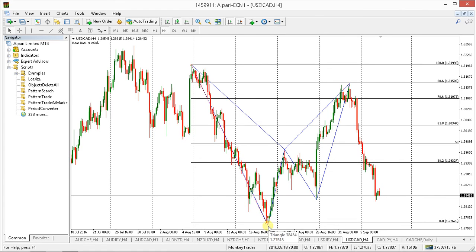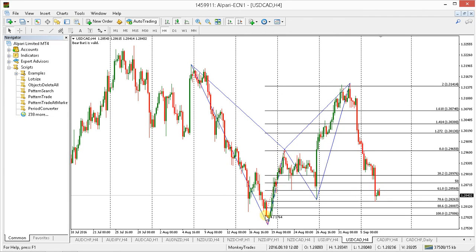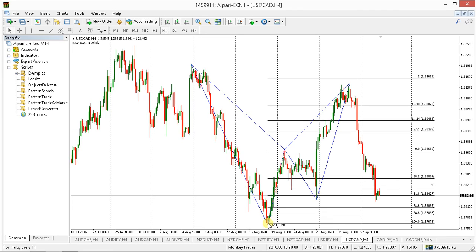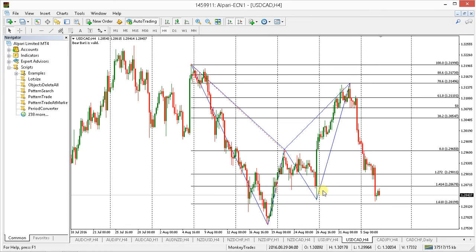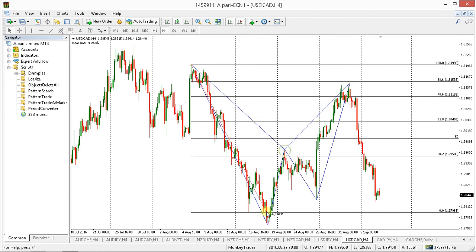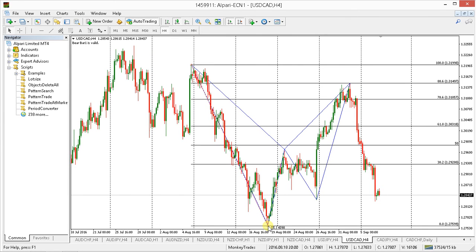Okay. What should be the C point? The C point should be 382 to 886 as usual. It is 618. Good.